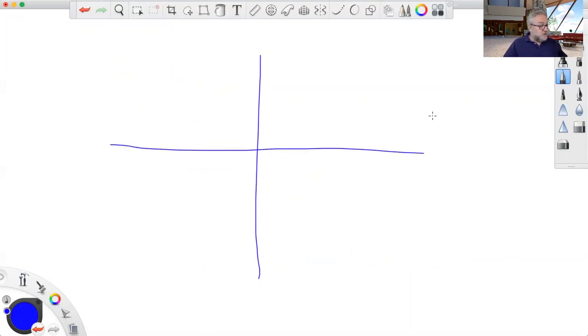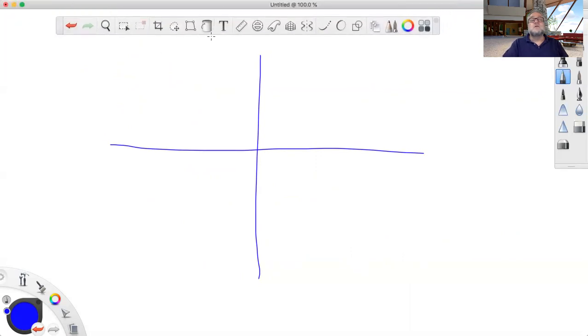Now, in general, there are 4 kinds of power functions. Let's see if I can move this thing so I can see it. And there we go. Okay, you could have a line, okay?